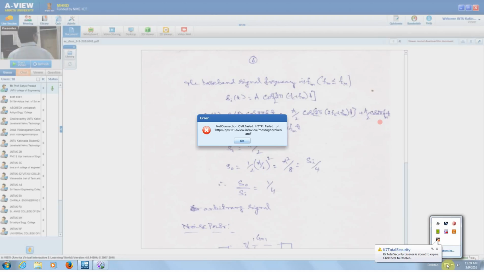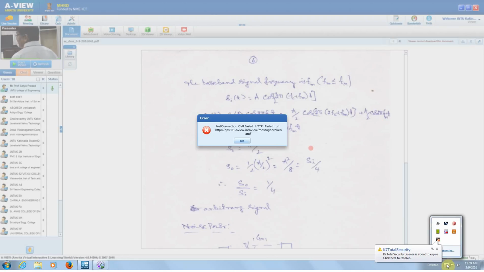And the input is SIT. Therefore, what will be the input power? Amplitude is A, so A square by 2 is the power that we are going to have, because this is a single tone signal. Whereas the output power, what is the output power?